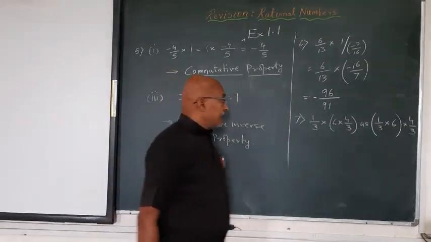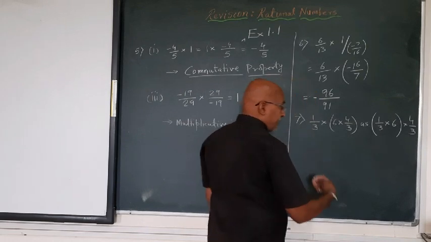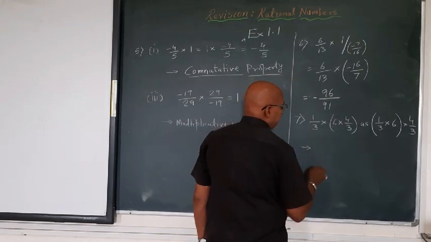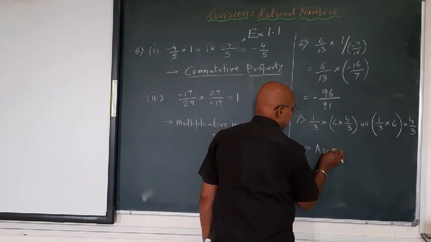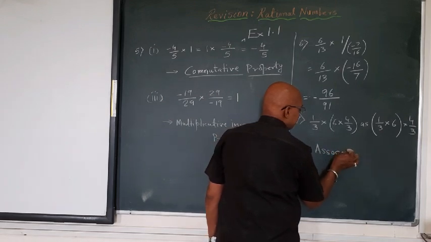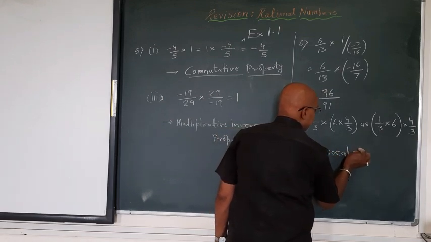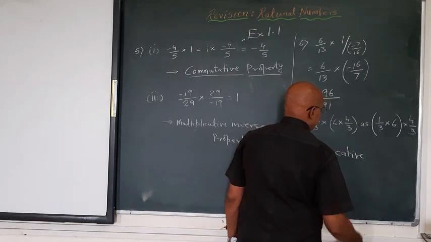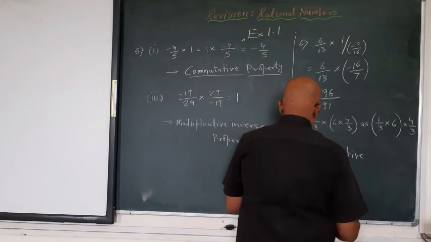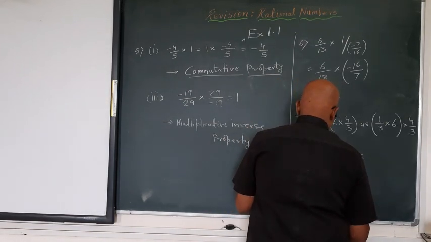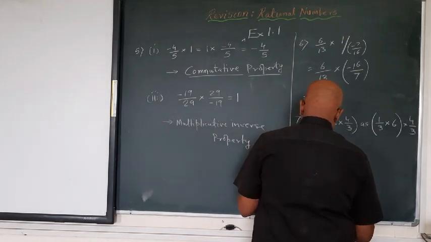Yes, it can be computed. Which property allows it to compute this? That is called the associative property. Spell it properly. What is the spelling?